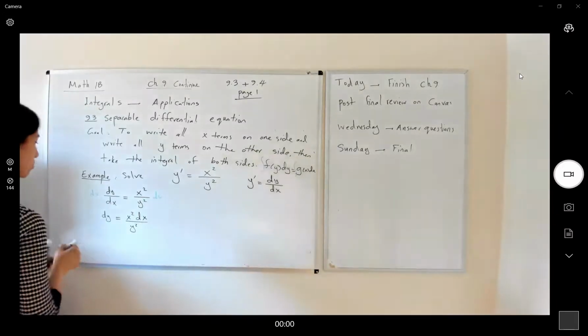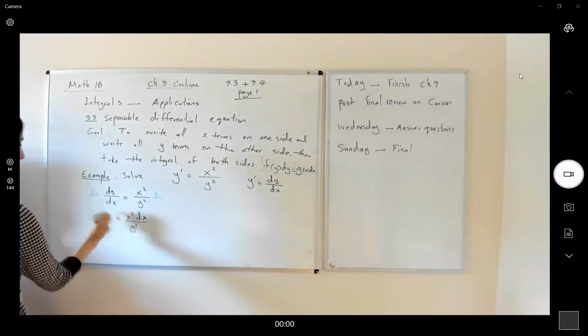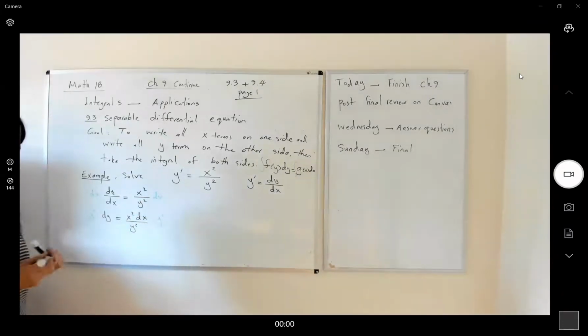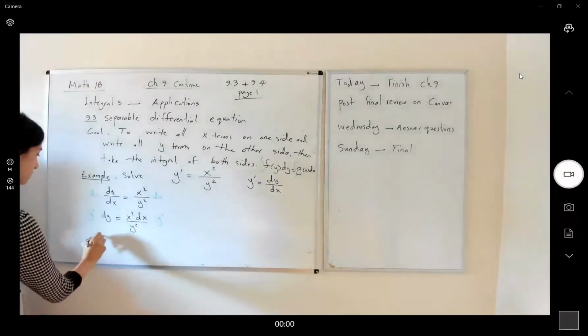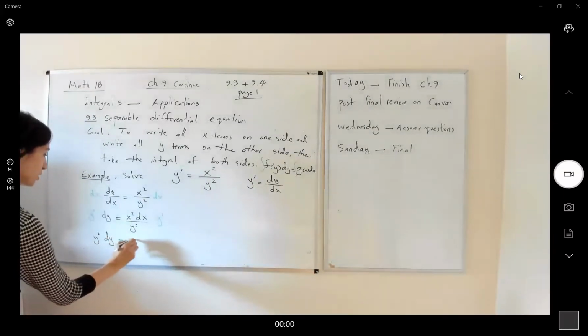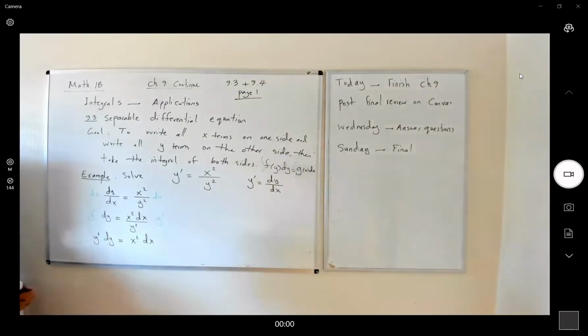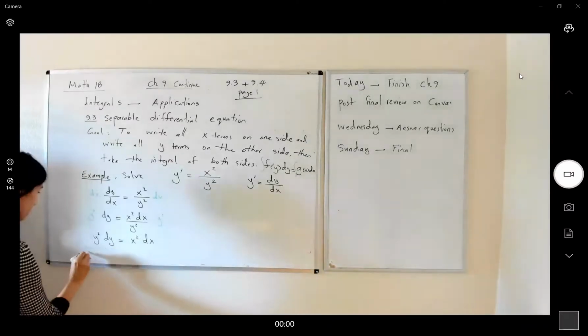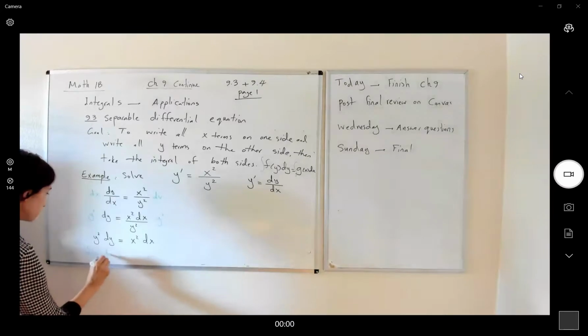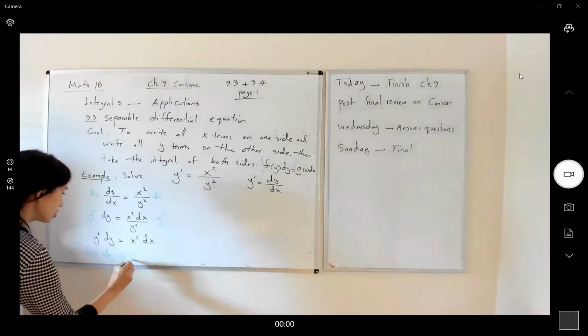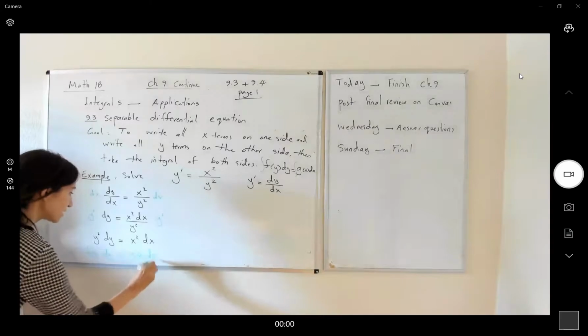Now I'm going to multiply everything by y squared to get rid of y squared on the denominator. What do you have? You have y squared dy equals x squared dx. So as you can see, you have f of y dy equals g of x dx.